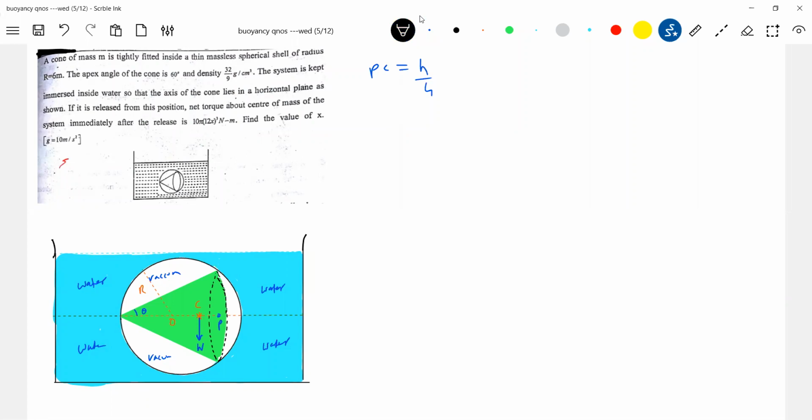It will set up a torque. Torque will act about the center of mass. Tau C should be equal to the buoyant force, which will act like this, into OC. What is the buoyant force? It should be equal to density of water times 4/3 pi r cube g, into OC.